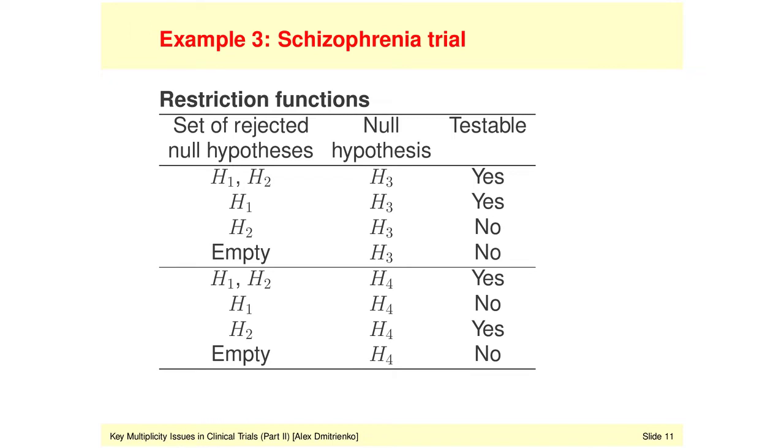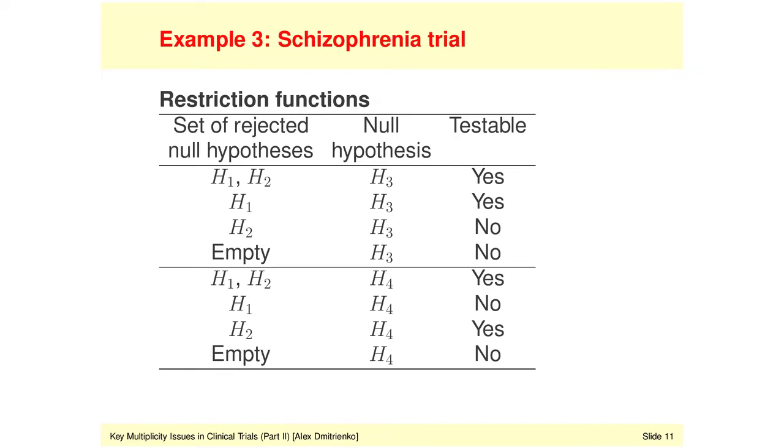H1 is not rejected, which means that a significant effect is established on the primary endpoint only at the high dose, but there is no evidence of a significant effect at the low dose. So as a direct consequence of that, H3 is no longer testable because this hypothesis corresponds to the low dose test on the secondary endpoint, and this test is not meaningful anymore.